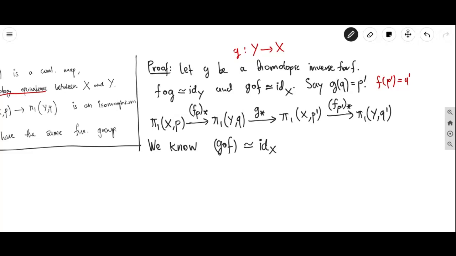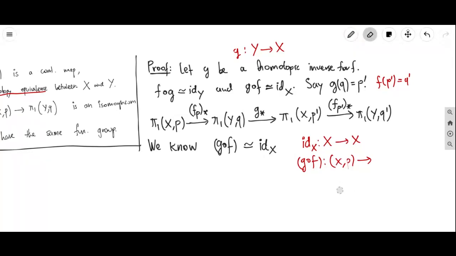So what does that mean? The identity on X is a map from X to X, and G composed F is a map from X comma P to where? So let's see where that goes.